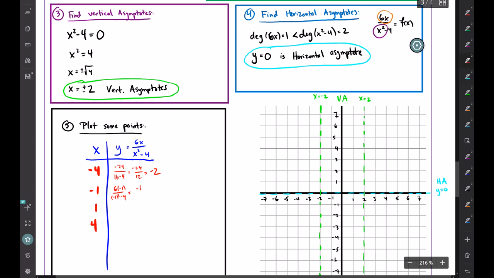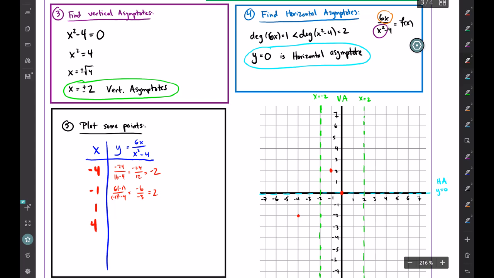That's -6 over -3, so that's +2. So what I found so far is that (-4, -2) is a point on this curve, and (-1, 2) is a point on this curve. Of course, my y-intercept was (0, 0), so I should plot that too.